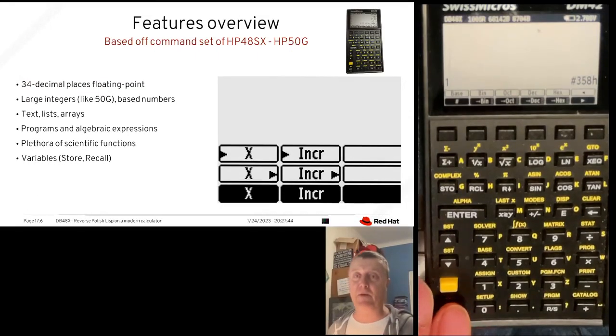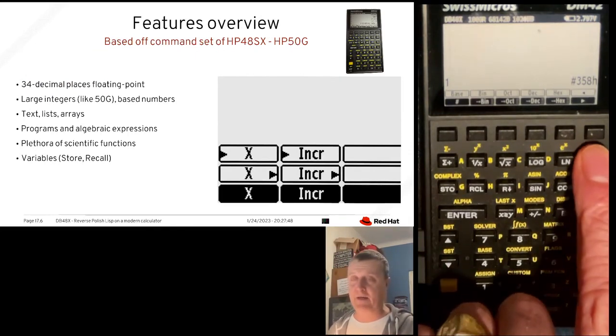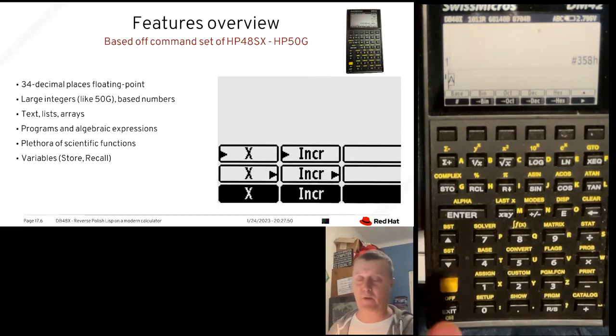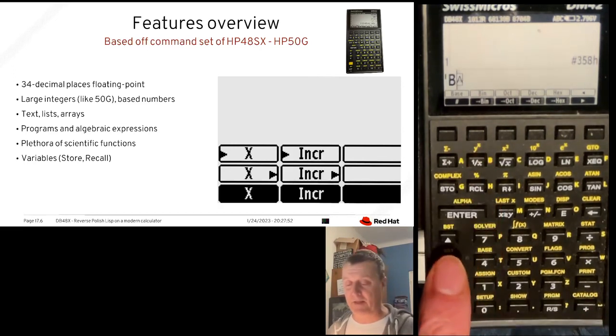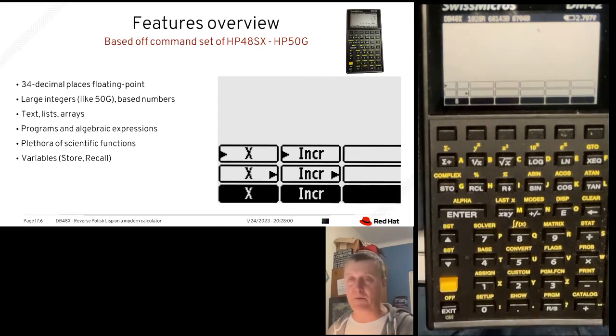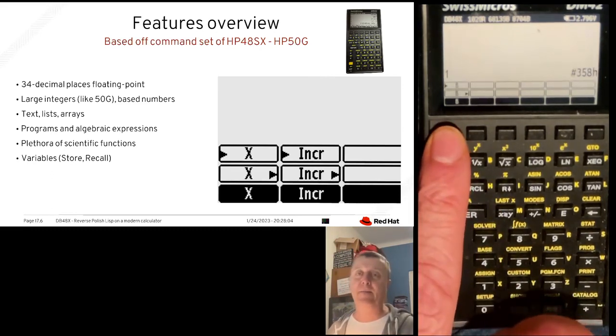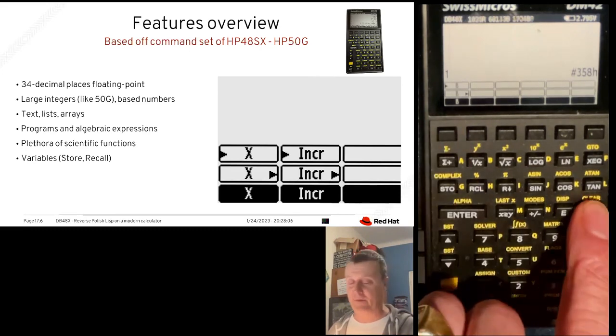I'm going to store the result I just had. So execute is for execute equation. I'm going to call that B, and I do store, enter, store. And then if I go to the recall menu, that shows me the variable, and you see my B here. And if I just evaluate B, I have the number I had.